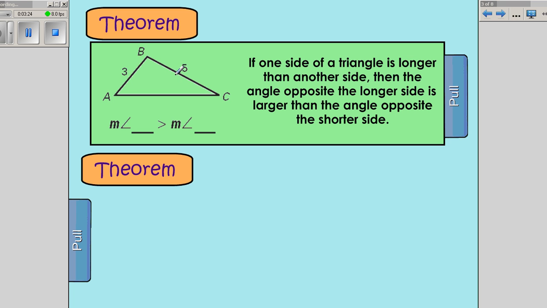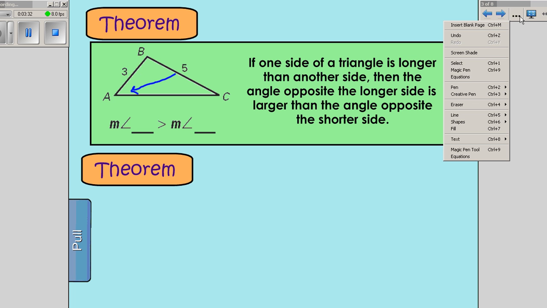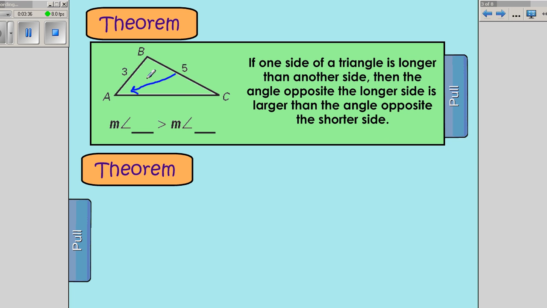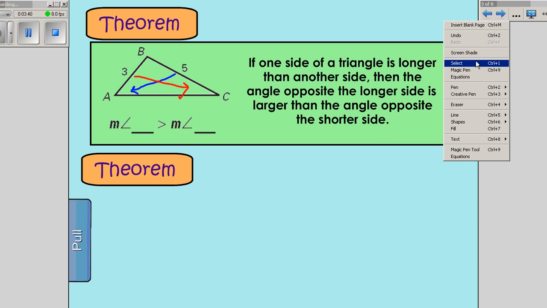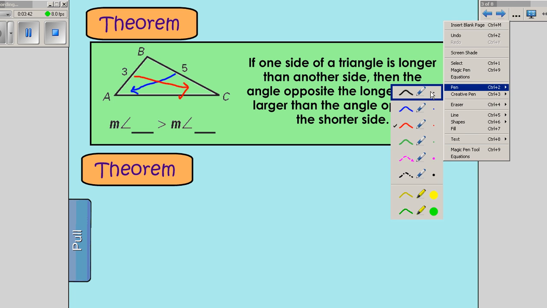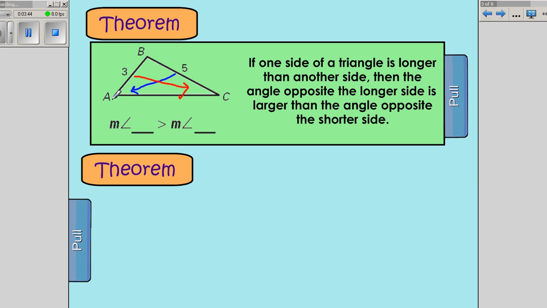Now, the angle that's across from side BC is angle A. And the angle that's across from side AB, let's choose a different color pen here, is angle C. So we are able to say that the measurement of angle A will be greater than the measurement of angle C because of this theorem.